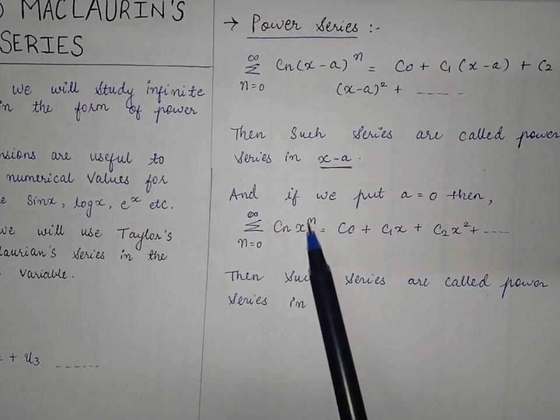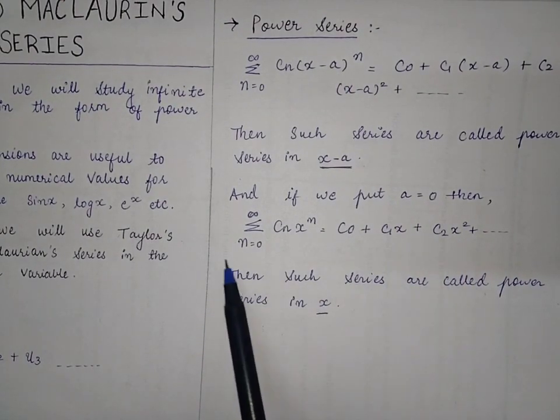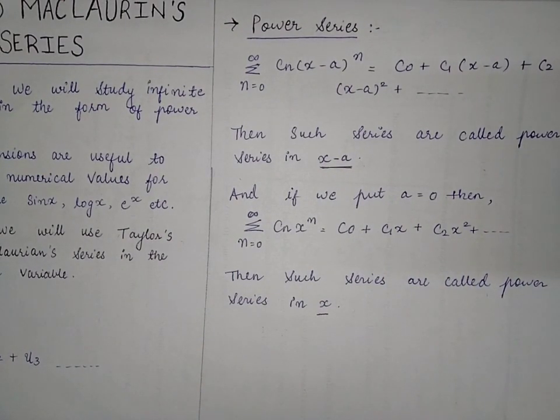And if we put a equal to 0 here, then such series are called power series in x, because here the power of x is varying. Such type of series are called power series, okay.